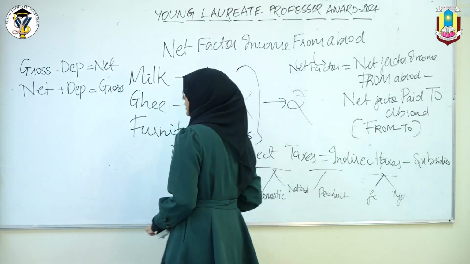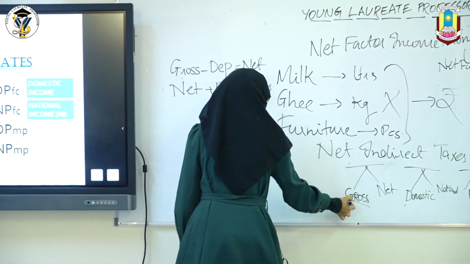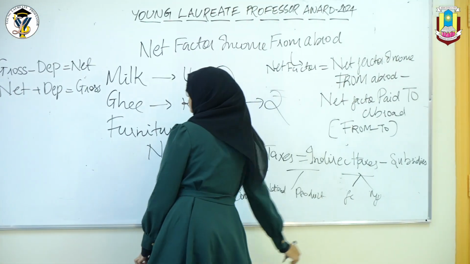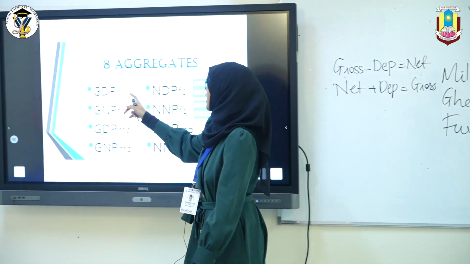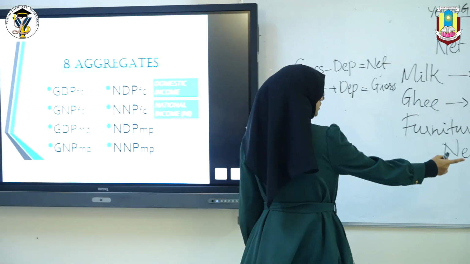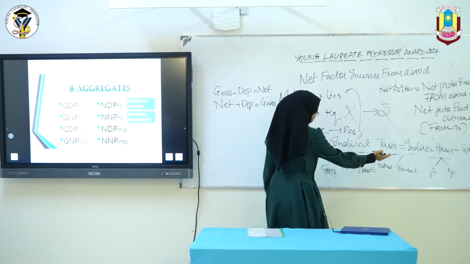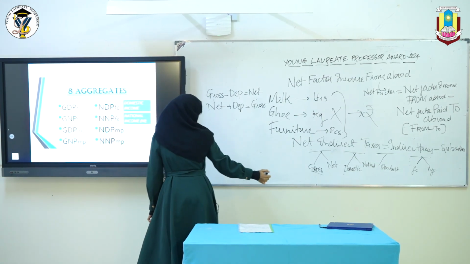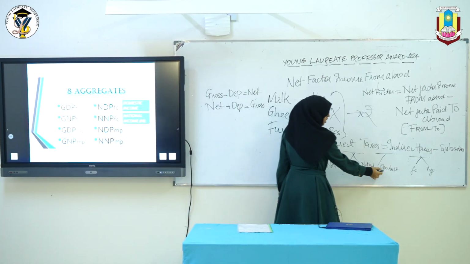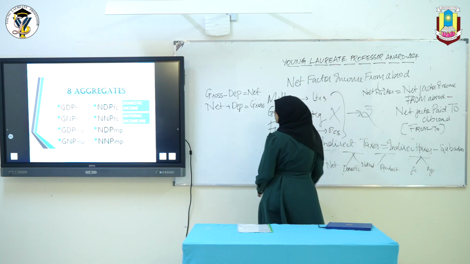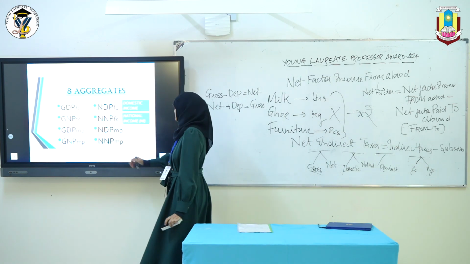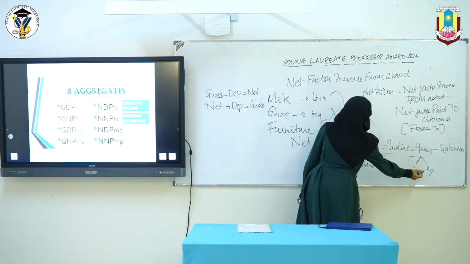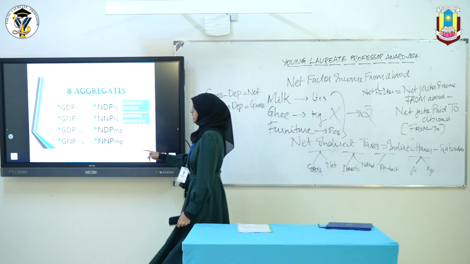So when we see this, taking gross domestic product at factor cost, it is called GDP-FC, gross national product at factor cost is GNP-FC, gross domestic product at market price is GDP-MP, and gross national product at market price is GNP-MP.